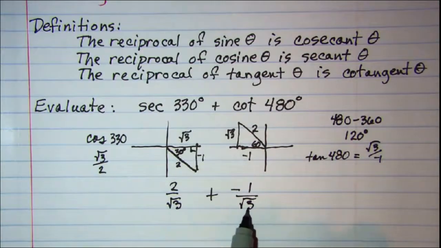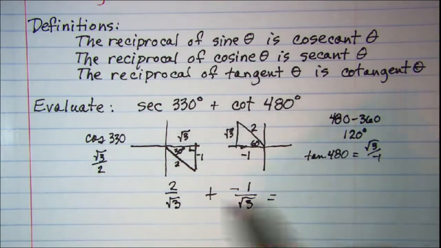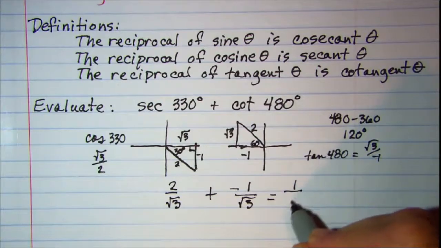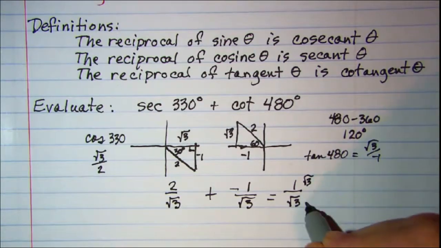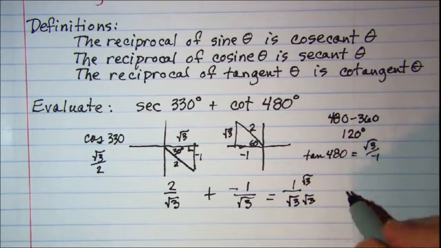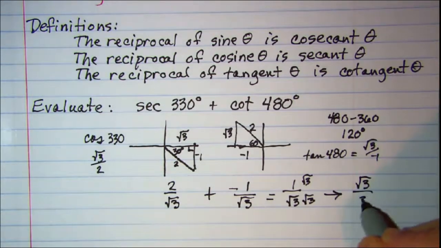These have a common denominator, so we can go ahead and combine those at this point. We have 2 plus a -1 would be 1 over root 3. But then I need to rationalize that. And we could have rationalized at this point too. My answer on this expression is root 3 over 3.